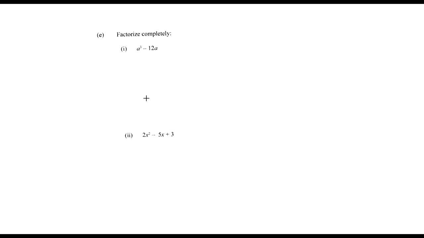And then the last part now, we have some factorization to do. So we have a cube minus 12a. So we can take the a out, and this will become a squared minus 12. Can I do anything with this again? Not really. Let's factorize this. This is a quadratic expression.